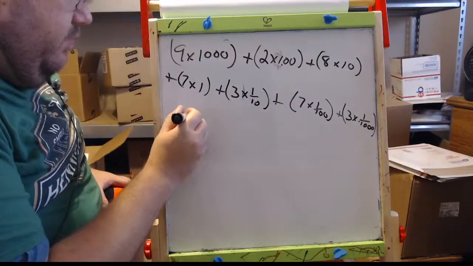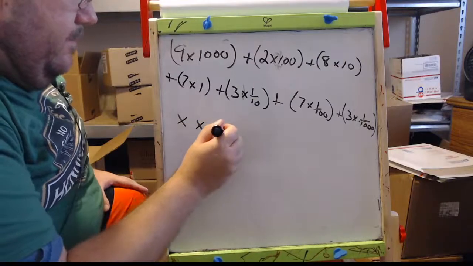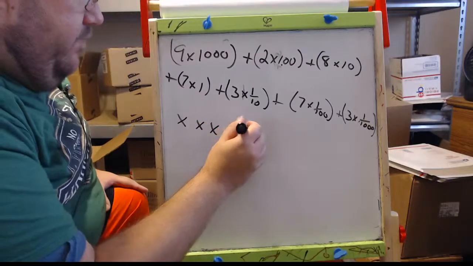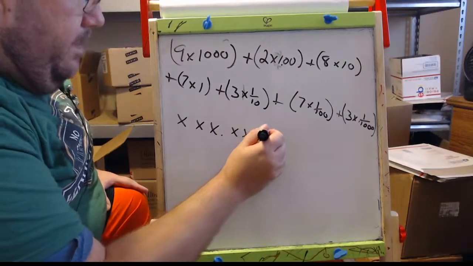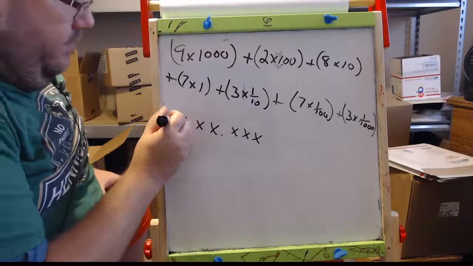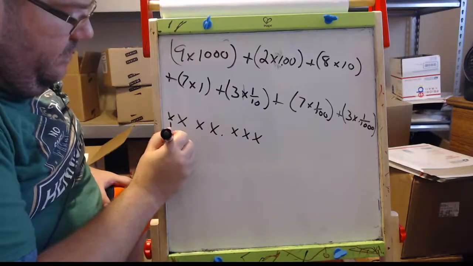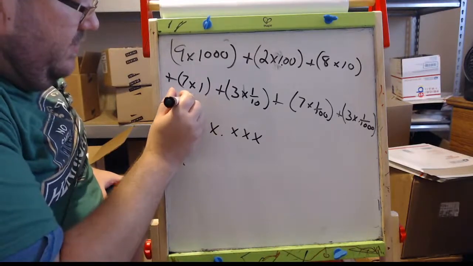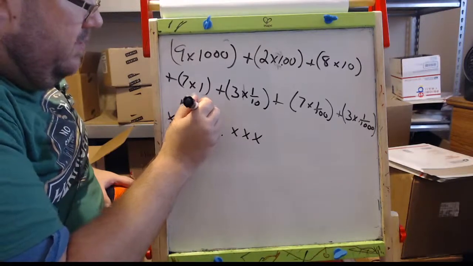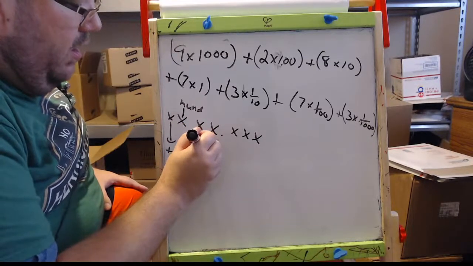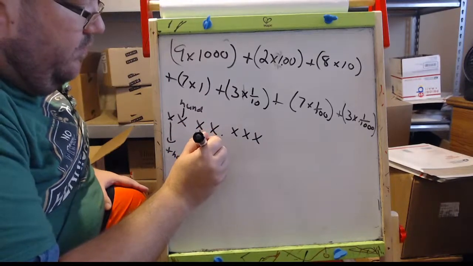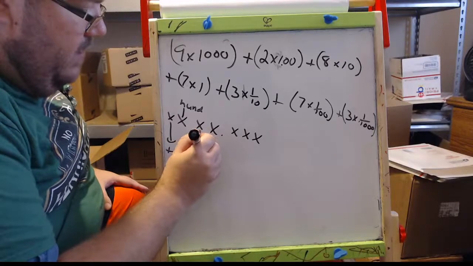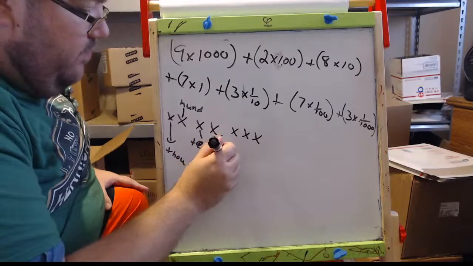All right, so I'm just going to use X's. A spot right here, that's our 1,000 spot. This is our 100 spot, hundreds. This is our tens, and here's our ones.